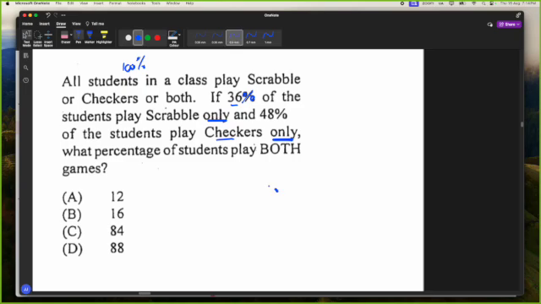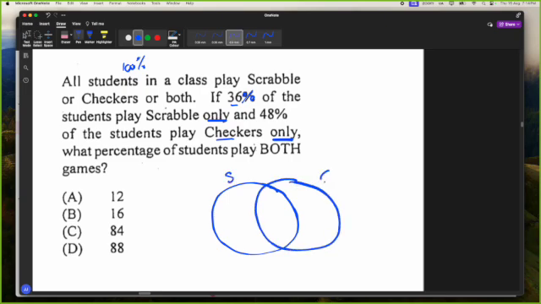So I have here, and this is like the same question, but the other way around, you could say, right? This is Scrabble. This is chess. 36% of the students play Scrabble only.